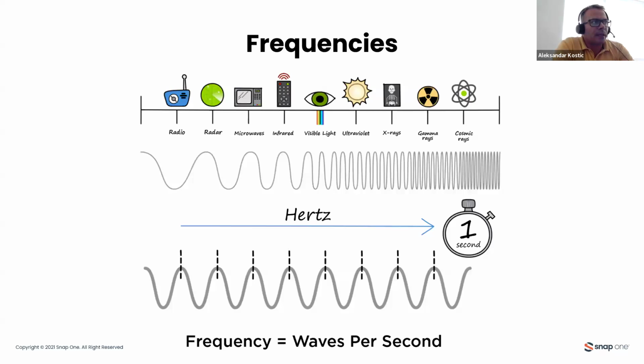In the frequency spectrum, the part where Wi-Fi operates is somewhere between microwaves and infrared waves. The reserved part for Wi-Fi is just a small part of the total frequency spectrum which we use for electromagnetic transmissions.